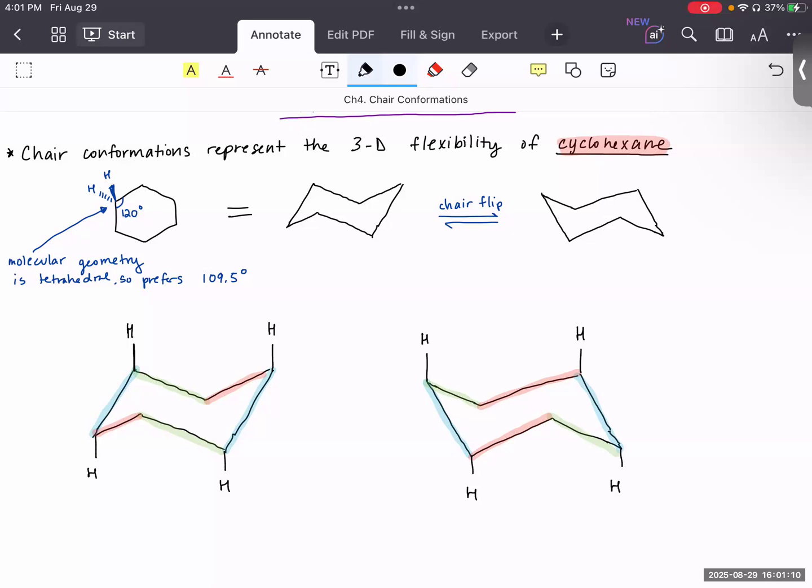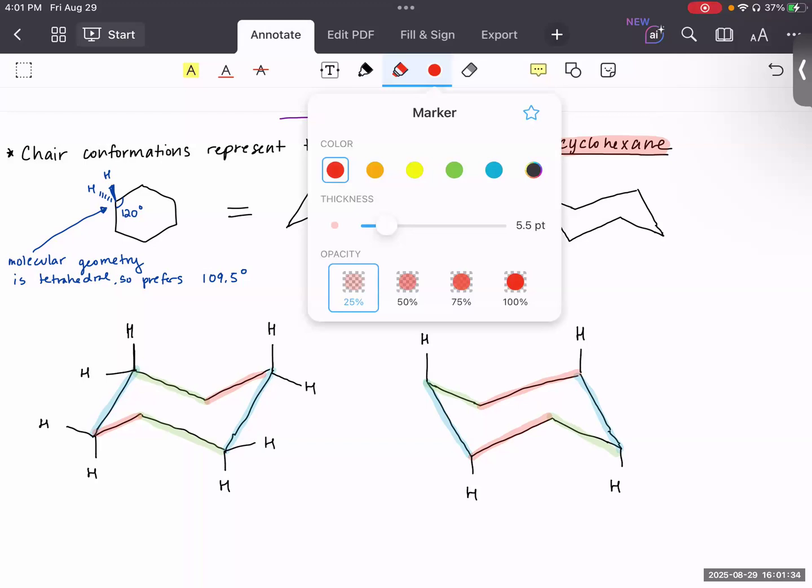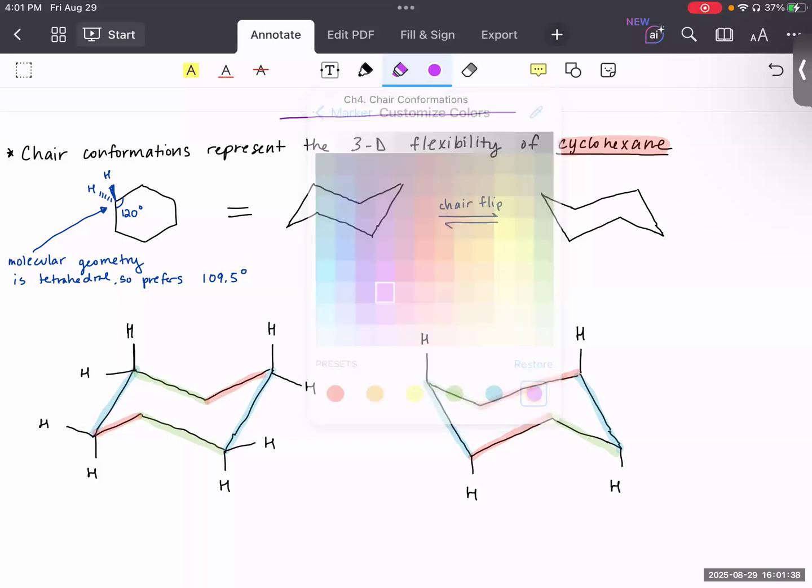And then from here, we're going to take each of the atoms that we already drew in a hydrogen and draw in a hydrogen that's pointed towards the midpoint, or in other words, the equator of the chair. We can see that all of those hydrogens that I just drew in are tilted towards that middle portion of the chair, and I'll draw a dashed line to help represent that.